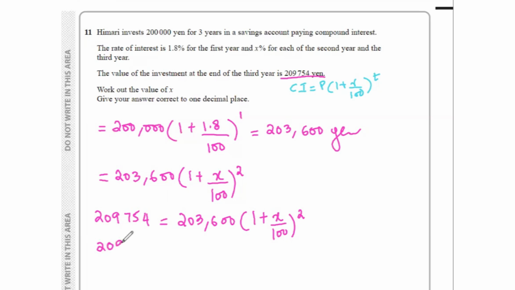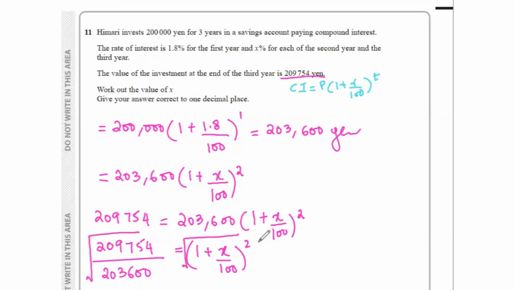We divide these two by each other, and that equals (1 plus X over 100) to the power of 2. Then we square root both sides to get rid of the square on 1 plus X over 100.